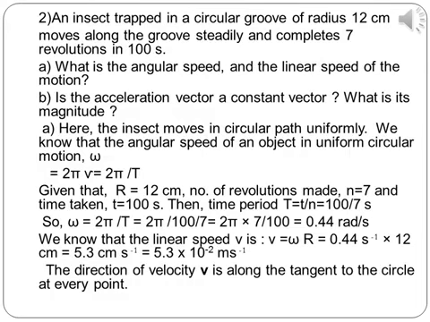When it converts into meter per second, it is equal to 5.3 into 10 raised to minus 2 meter per second. Then what should be the direction of the linear speed v? It is not doubtful to say it should be tangential to the circle at every point.